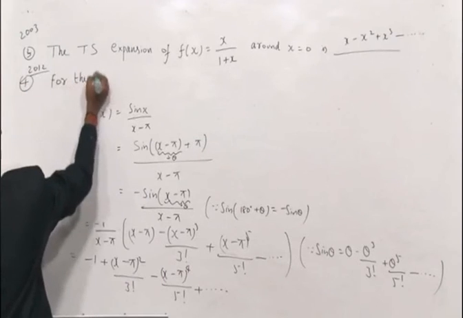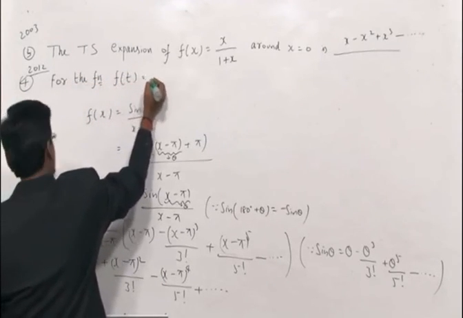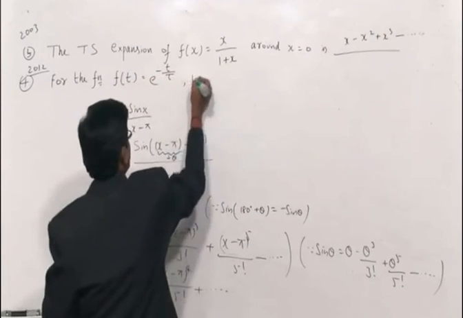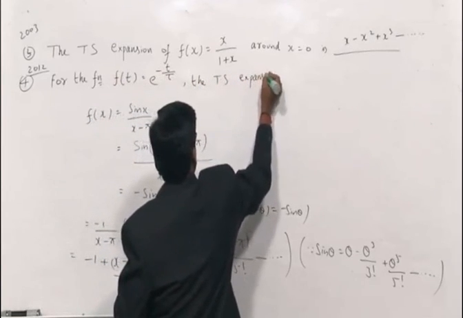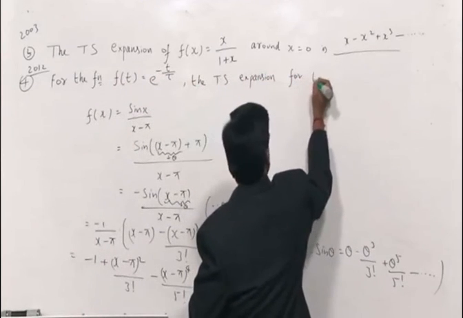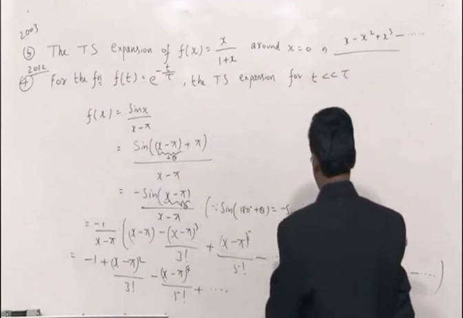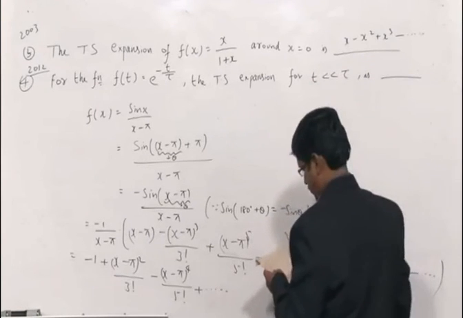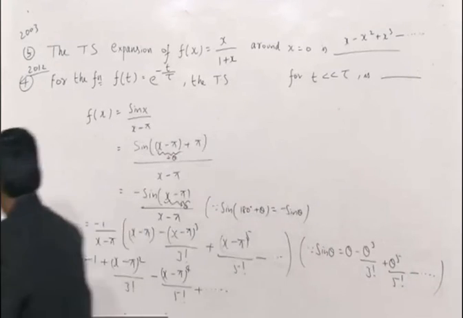For the function f of t equal to e power minus t by tau, tau is a constant, the Taylor series expansion for t much lesser than tau is dash, the Taylor series approximation, sorry.